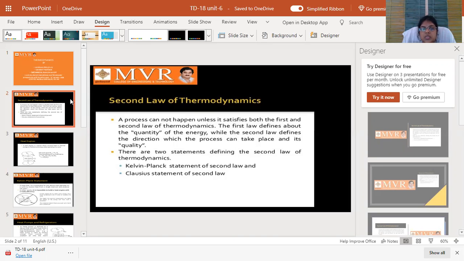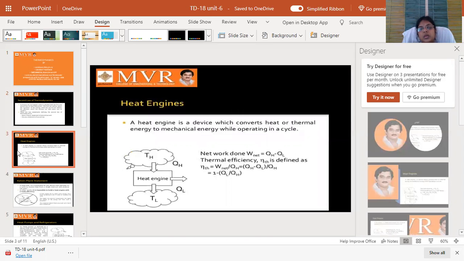There are two statements defining the second law of thermodynamics, which we already discussed. One is the Kelvin-Planck statement of the second law, and the other is the Clausius statement of the second law. In the last class we discussed what the second law is and how it is used in the Kelvin-Planck statement and Clausius statement and different systems.